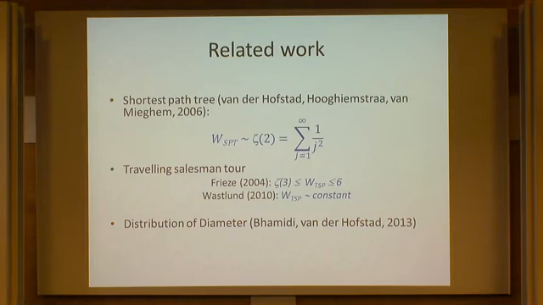You can also ask for the traveling salesman tour. So Alan Frieze again looked at this and showed that it's bounded between the minimum spanning tree, which gives you the zeta of 3, and another constant, which I think he got by looking at a version of a directed, I think he looked at 2-in, 2-out random graphs.